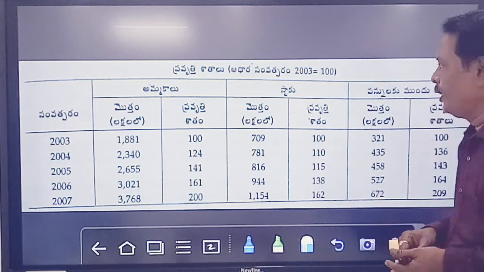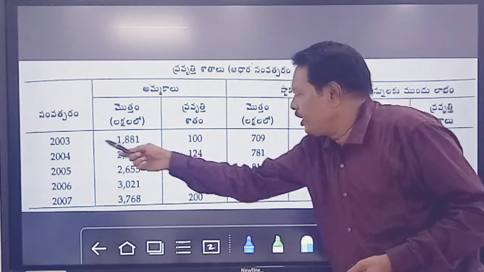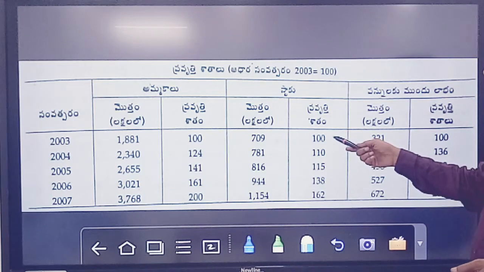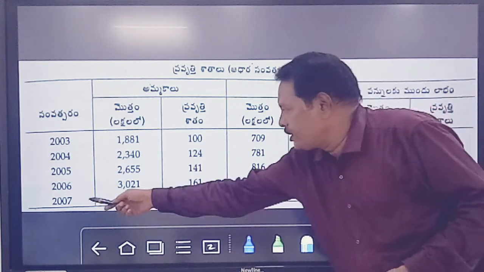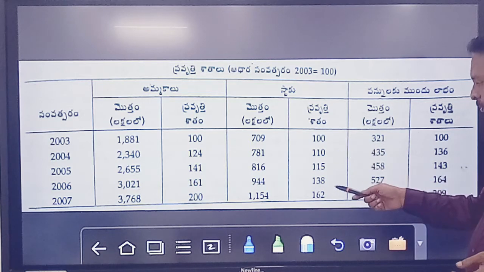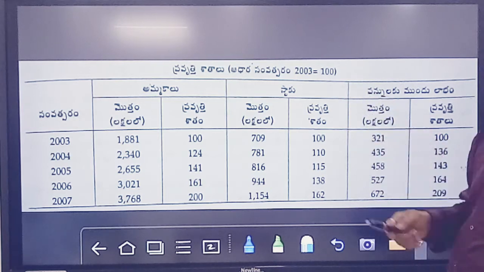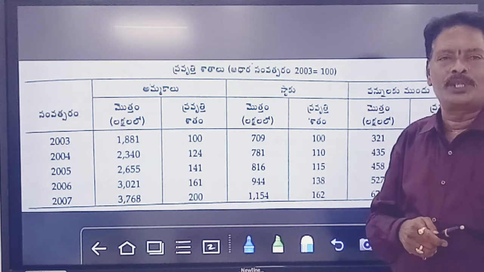Like this, we start here. During 2003, percentage 100, whereas in 2007, 162 percentage. That means within the 5 years, 62% stock is increased. That is also a good sign.